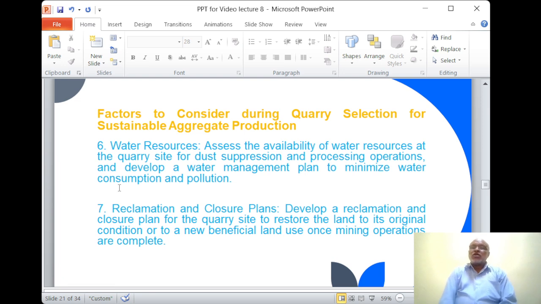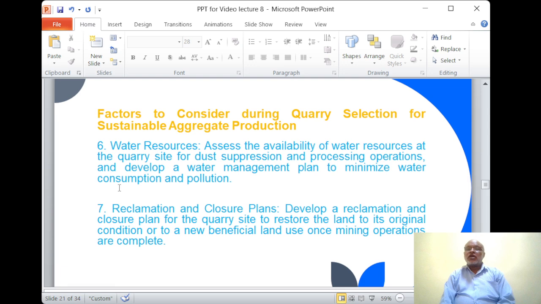6. Water resource. Assess the availability of water resource at the quarry site for dust suppression and processing operations, and develop a water management plan to minimize water consumption and pollution.